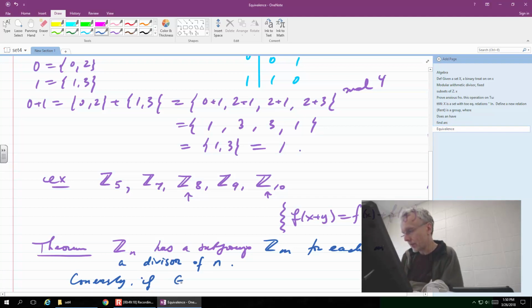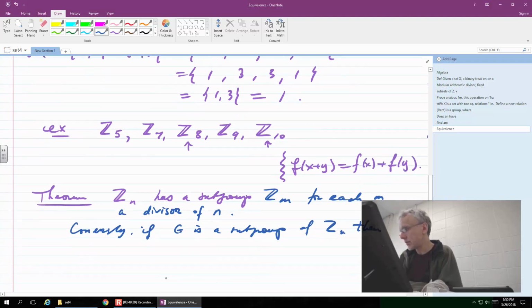Conversely, if G is a subgroup of Zn, then its order is m, where m is a divisor of n.